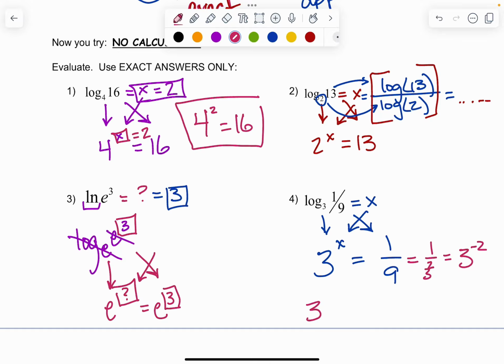And so 3 to the x equals 3 to the negative 2. When they have a common base, x equals negative 2. So my unknown up here is negative 2.